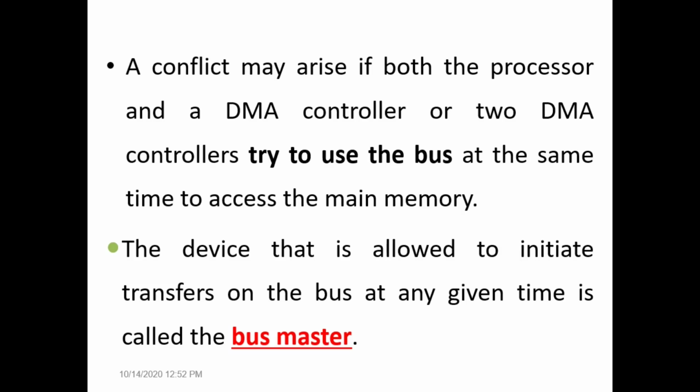So a conflict may arise when the processor and a particular DMA controller both fight for bus access at the same time, or when multiple DMA controllers of various input-output devices fight for the bus. The arbitration process decides which DMA controller or processor accesses the bus. The device which wins the conflict is called the bus master, which starts accessing the bus for data transfer.